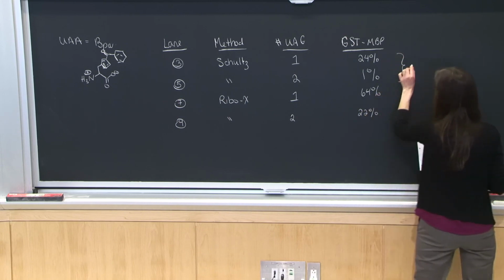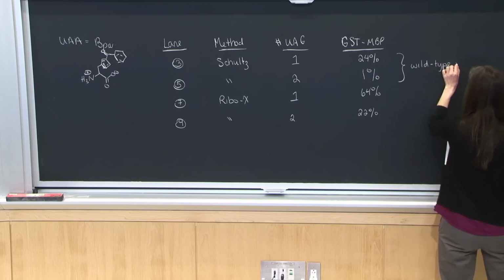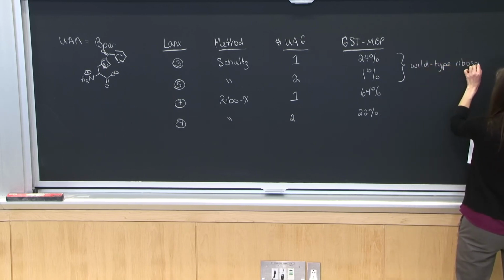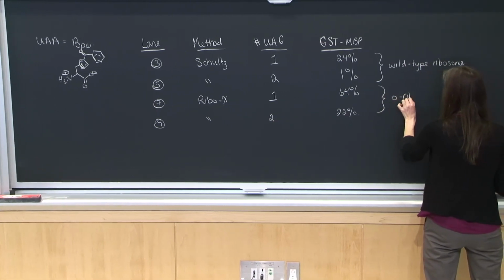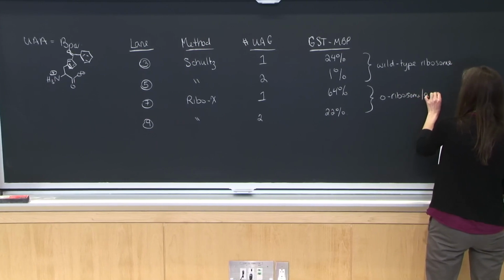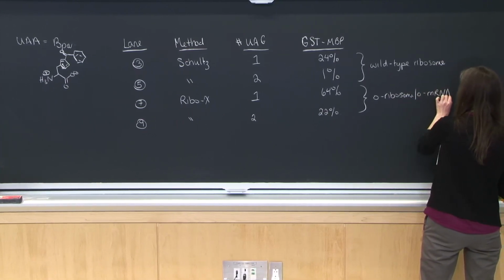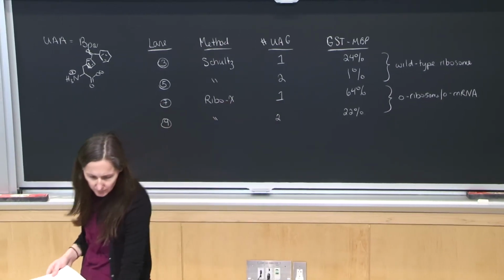Okay, so here we're looking at the wild type ribosome. And here we're looking at the orthogonal ribosome, orthogonal mRNA, with the 2 mutations we saw before.